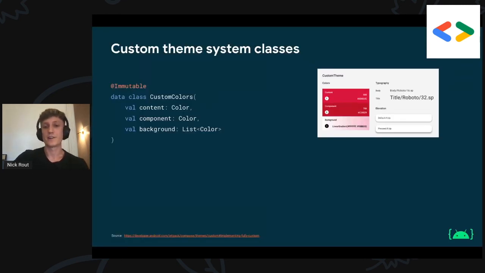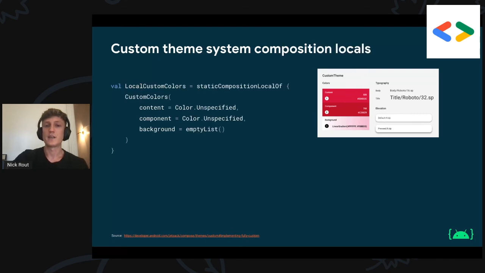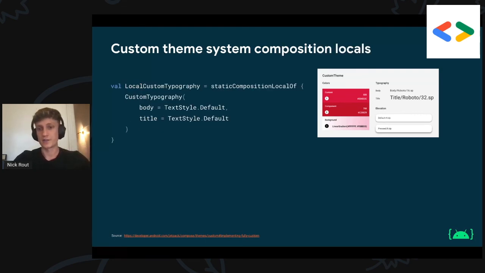So we're going to follow, again, something really similar to what we've seen before, creating data classes of our custom colors using the relevant types, our custom typography, and our custom elevation. These are all types that are provided by Compose Foundation, by the way, things like color or list of colors or TextStyle or DP, which models elevation. We then need to create our composition locals once again.